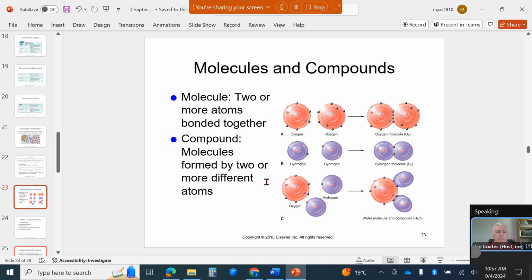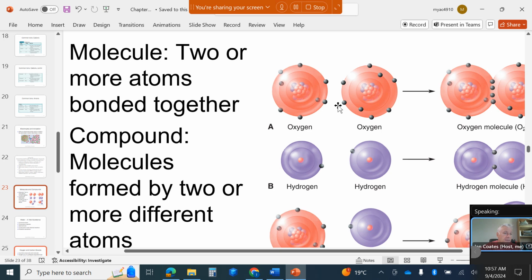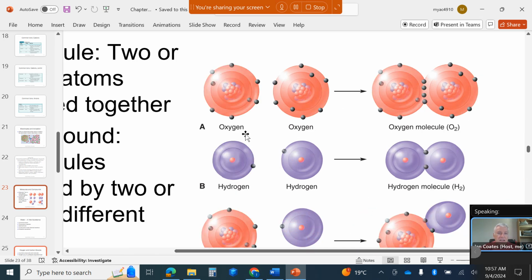Molecules are two or more atoms bonded together. So you have, look here, oxygen. Remember what was the magic number in chemistry? 8. That's right. So you look at this oxygen here, it's got 2 electrons in the middle in its first energy level, happy. And then it's got 6 electrons around the outside.